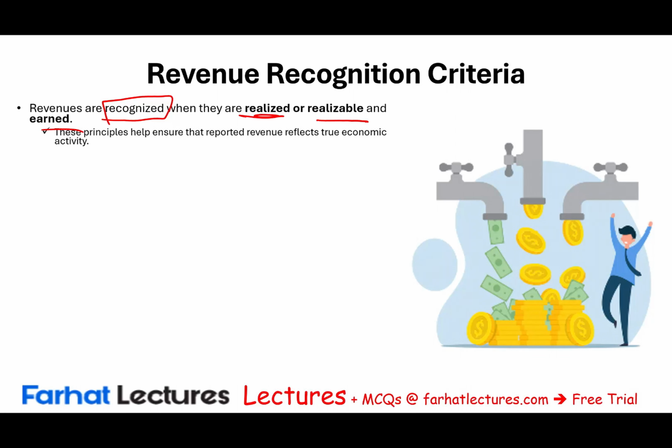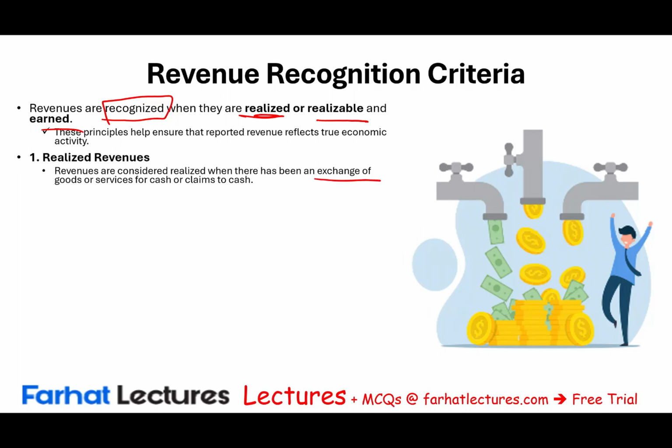Okay, these principles help ensure that reported revenue reflects economic activity. Starting with realized revenue. Revenues are considered realized when there has been an exchange of goods and services for cash or claims to cash. What does that mean? It means if you satisfied your obligation, if you performed your work, your revenue is realized.